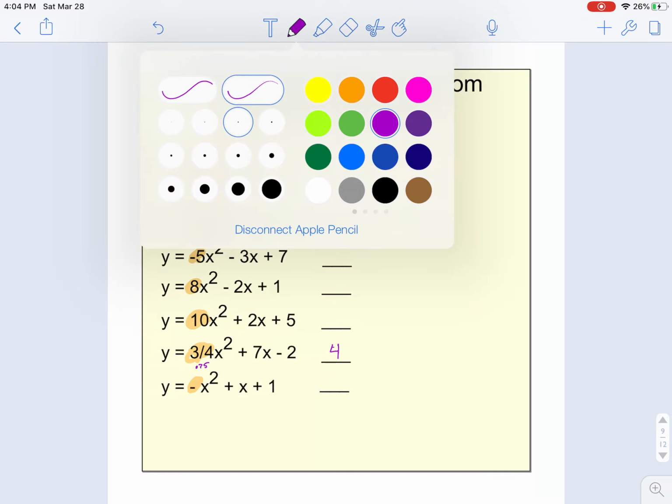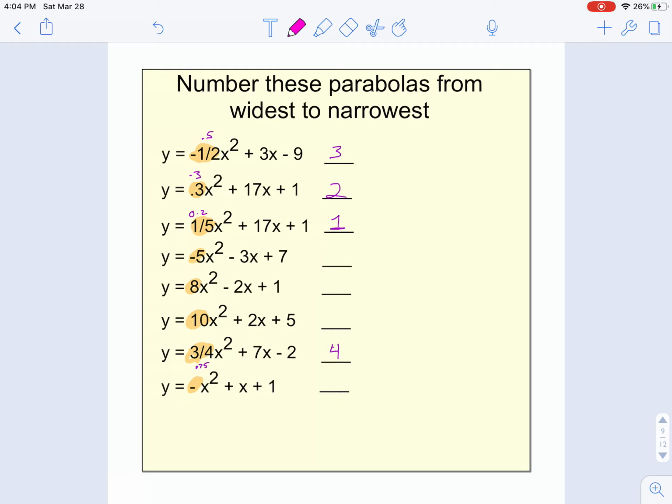So now I'm just looking, let me switch up colors here. I'm looking for numbers that are the biggest, okay? So I've got 5. Let's put them out here so I don't confuse them with the other ones. I've got 5, I've got 8, I've got 10, I've got 1, because again, I don't care about the negative. All right, so the biggest number is going to be my narrowest.